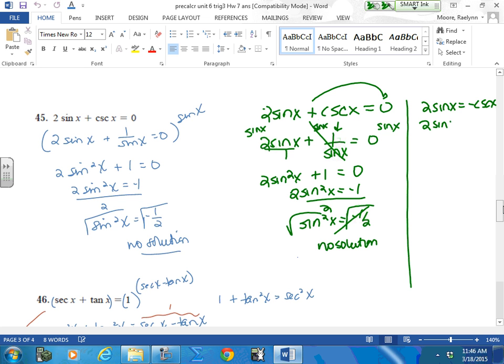But if you did this and you still had to replace this as 1 over sine, the negative, you can cross multiply there as well. And it doesn't matter which one you put the negative on, as long as you don't put it in both places. And you're going to see there, same thing, when you divide, take the square root, you can't take the square root of a negative number.